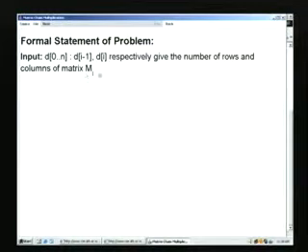This means that the number of rows of matrix Mi plus 1 will be Di, which will be equal to the number of columns of matrix Mi, as it should be, because only then can we think of the product Mi times Mi plus 1. Although we have n matrices being multiplied, we only have n plus 1 numbers over here.